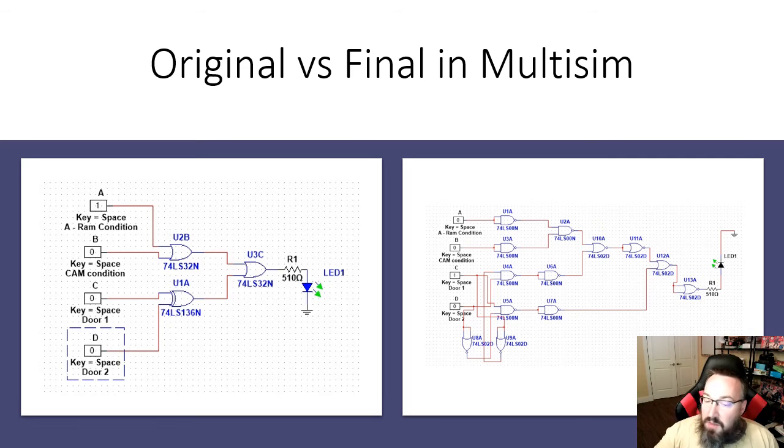I then substituted all the components with NAND gates and NOR gates. I ended up using more NOR gates because once again the lab kit was limited on the quantity of NAND gates that we had.